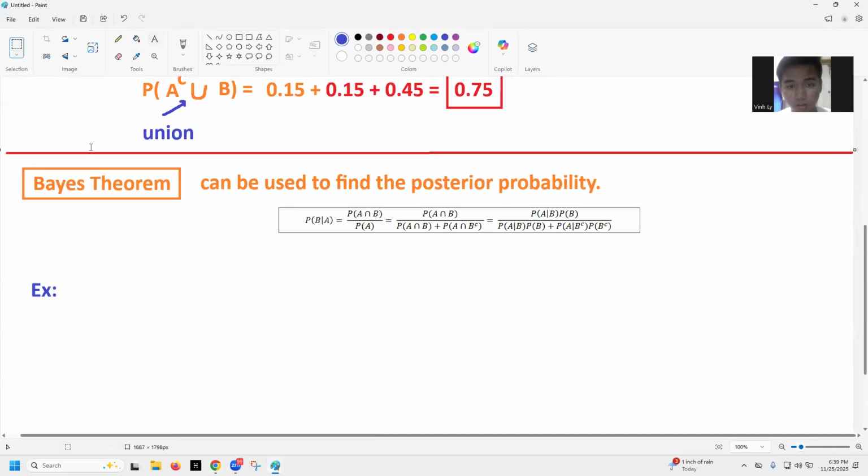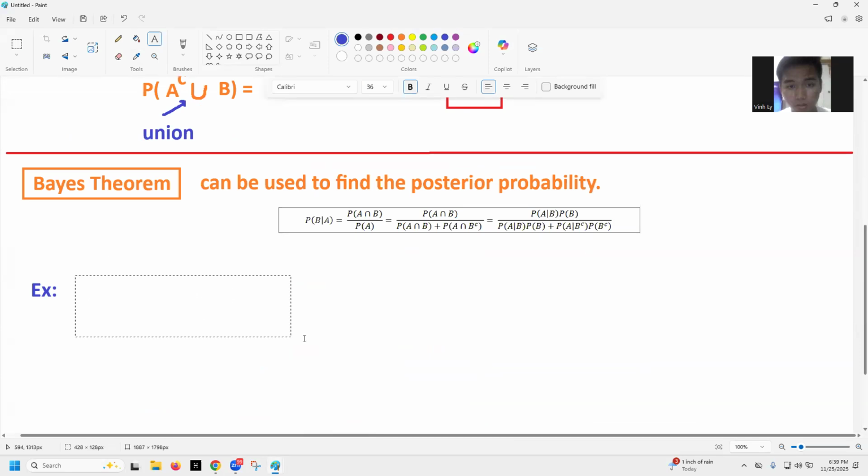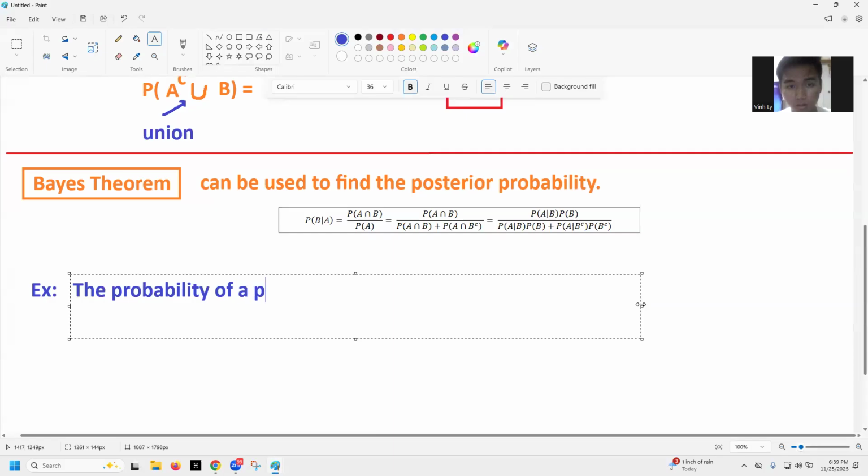So for example, we have the probability of a person catching a flu. And now we also have tests, right?